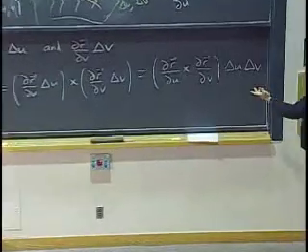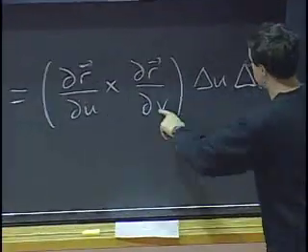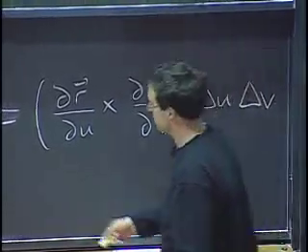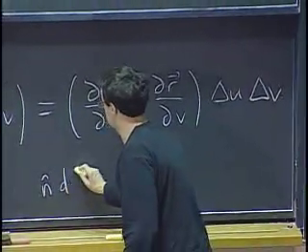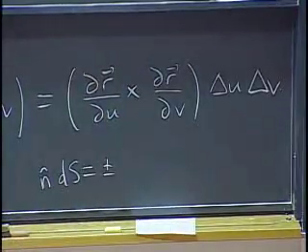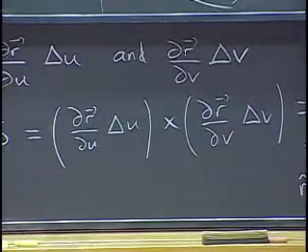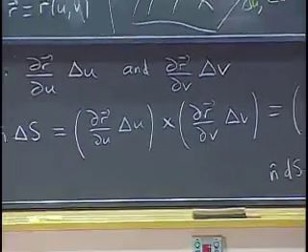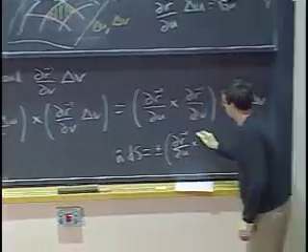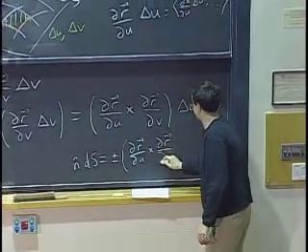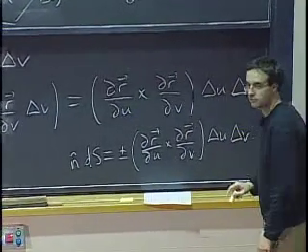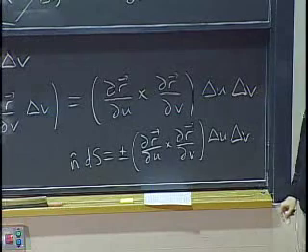And so n dS is this cross product times du dv, up to sign. I mean, also here. It depends on which choice I make for my normal vector, of course.